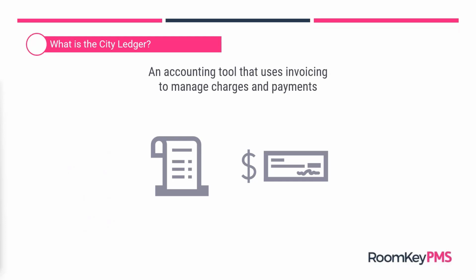Now, there's a couple different ways that invoicing can be generated. Certainly, you can create an invoice directly inside RoomKey. It doesn't need to be associated with any sort of reservation, but generating an invoice or series of invoices from individual reservations is a very common way that these invoices are generated at a hotel.